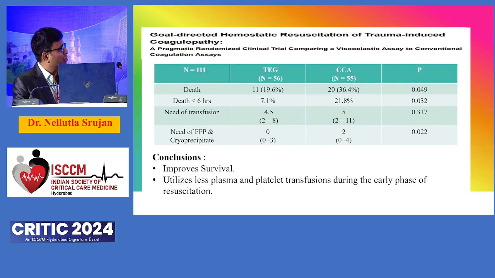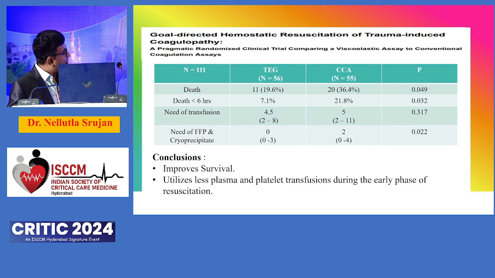The first and foremost study which was done was the goal-directed hemostatic resuscitation of trauma-induced coagulopathy, a randomized control trial. They took 111 patients and compared with the normal coagulation assays. The primary outcome was overall death, and early death less than 6 hours.